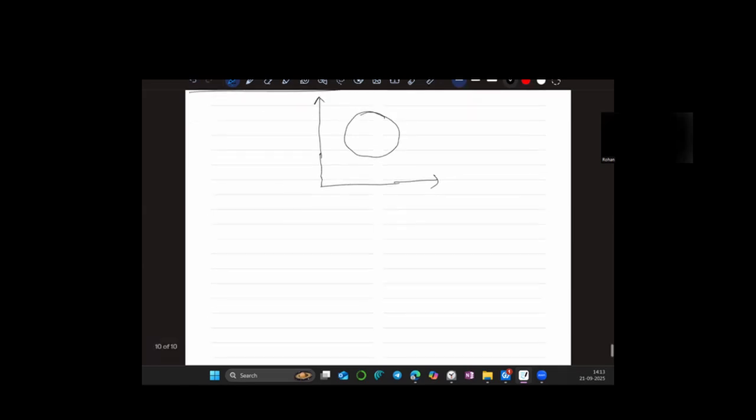But the coordinate system of p5.js is the mirror reflection across the x-axis. Suppose this is the mirror and this is just a reflection of this one. I'm doing this so that you have a better idea of what I'm trying to do, and it will also help you make sense of it.